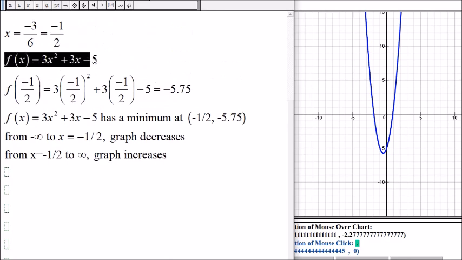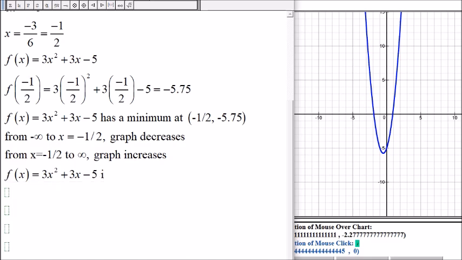And so this is how we would describe it. We say that f of x decreases on the interval from negative infinity to negative 1 half.